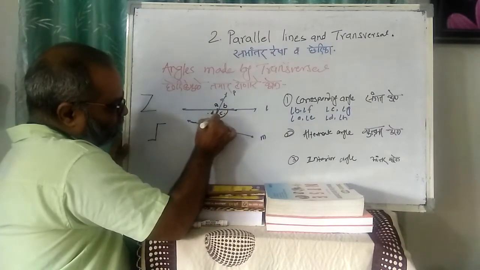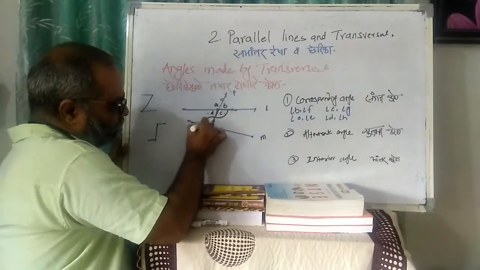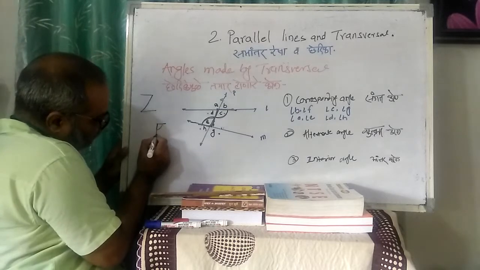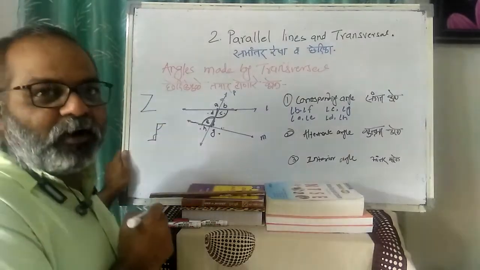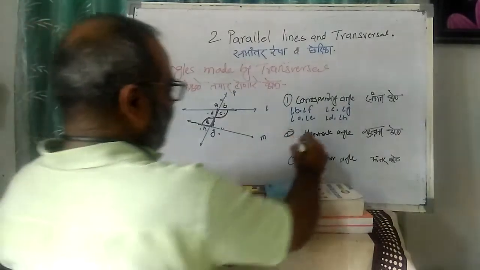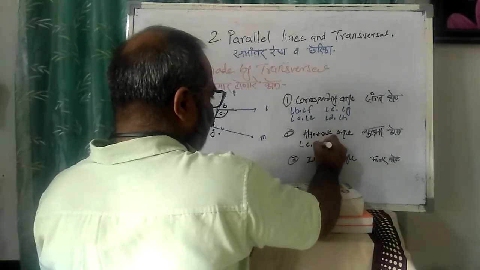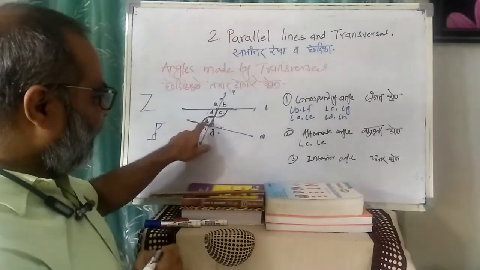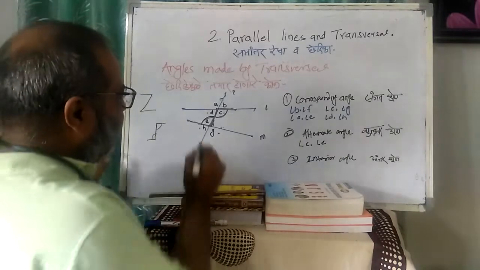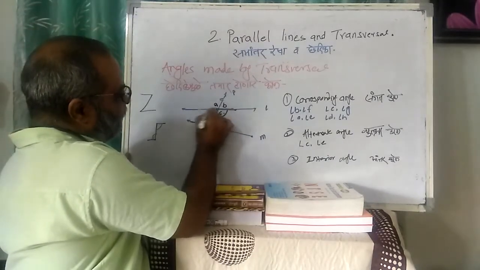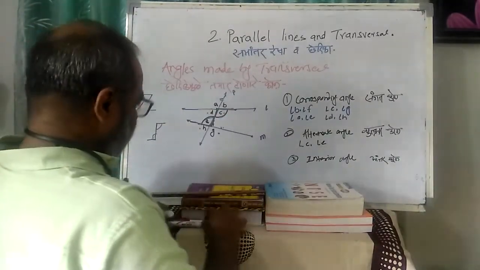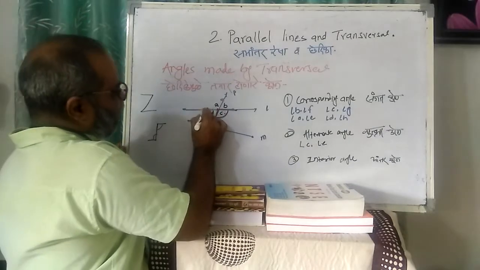So the angles which come in this part, those angles are called alternate angles. So angle C and angle E, they are called alternate angles. So second Z is like that. So here is the next one.